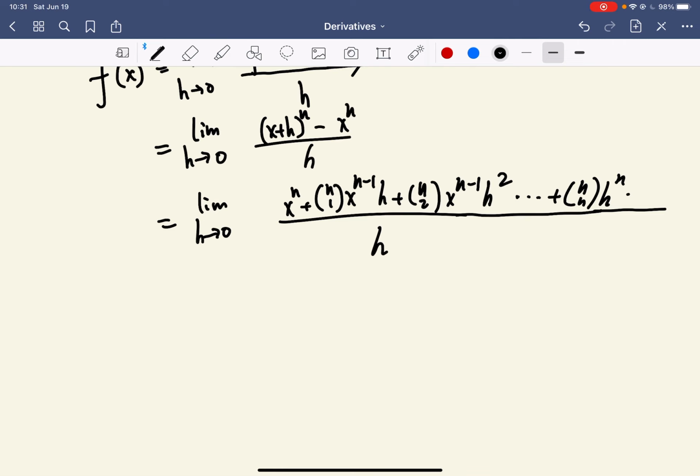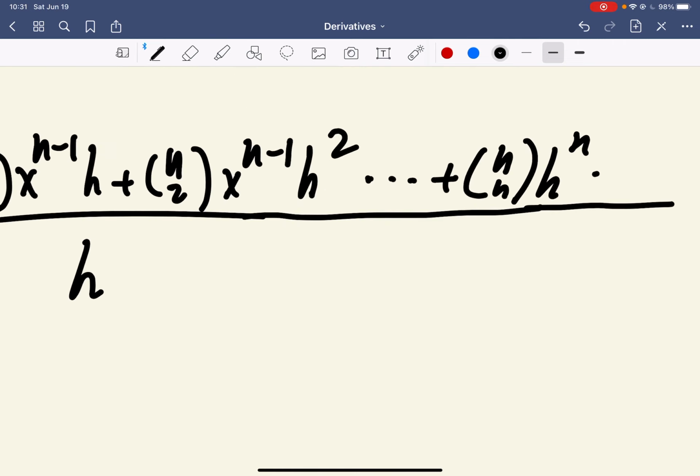Actually, n choose n would just be 1, right?